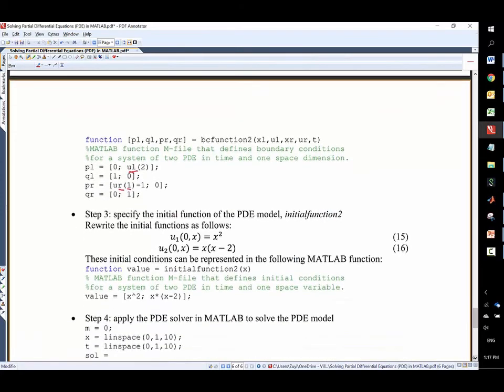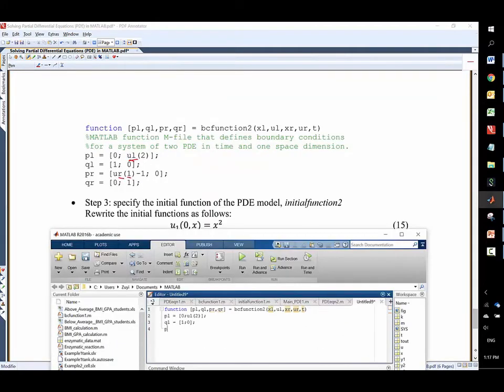And then we're going to have PR equal to UR as the right, index 1 minus 1 and 0, right? And then you get QR equal to 0 1. Okay, and then save it.